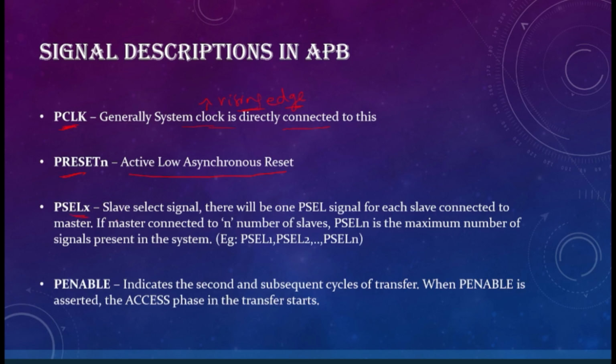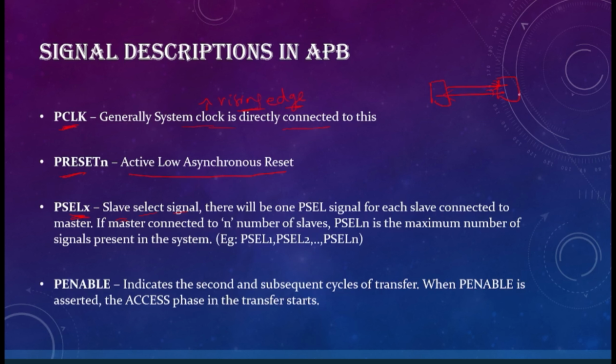Now coming to PSELECT. We have already talked about this. In order to select the slave, we use this signal. There will be one PSELECT signal for each slave connected to the master, because at a time the master can transfer to only one slave. So you have to select which slave the master transfers information to, or from which slave it reads data.